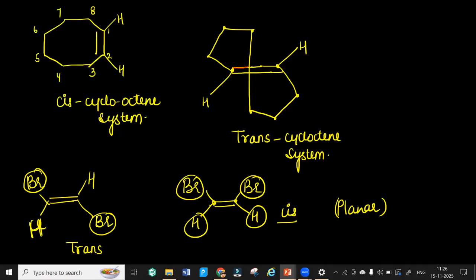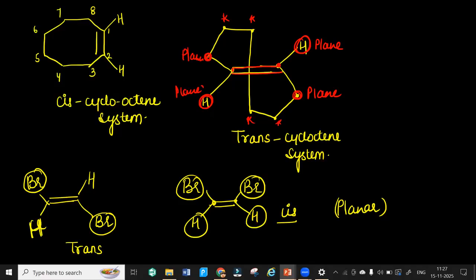If I am talking about the cyclooctene system, for example, this is the double bond, so the groups attached to this one, this group, this group and this group, we are very much sure that these groups are in the plane. The other groups may be out of plane, we don't know, but we are sure that the groups attached with the double bond are in the plane.